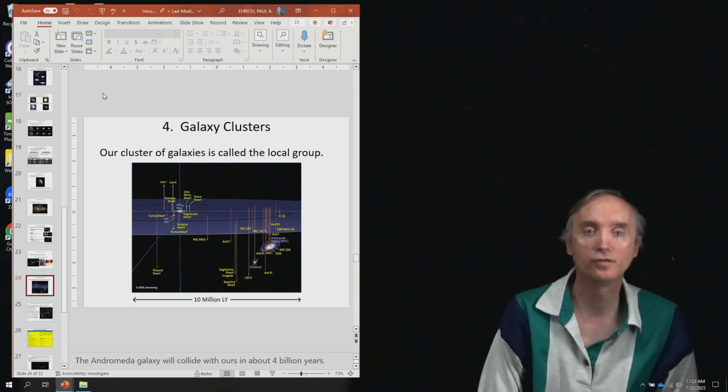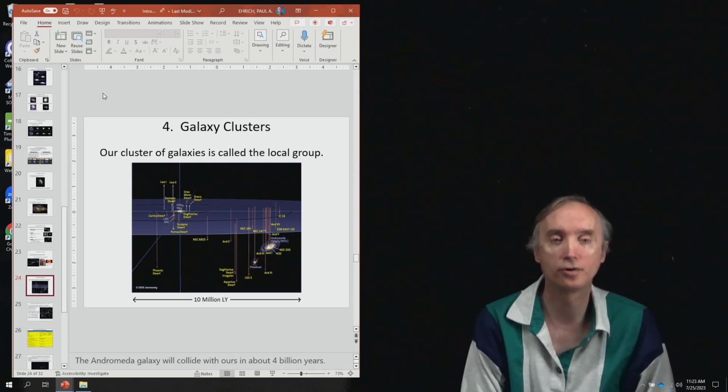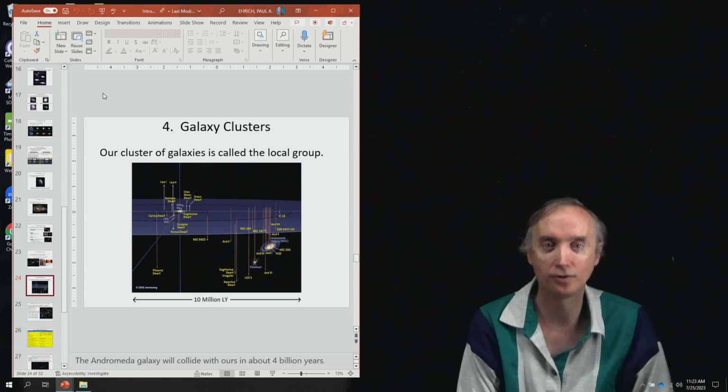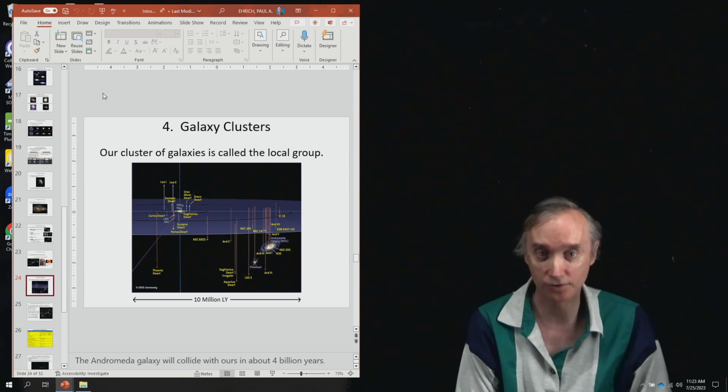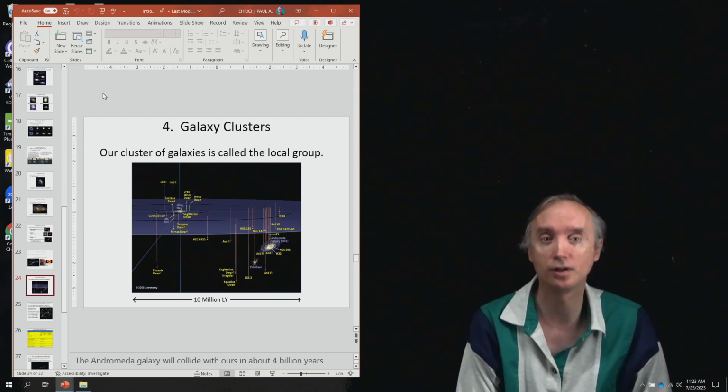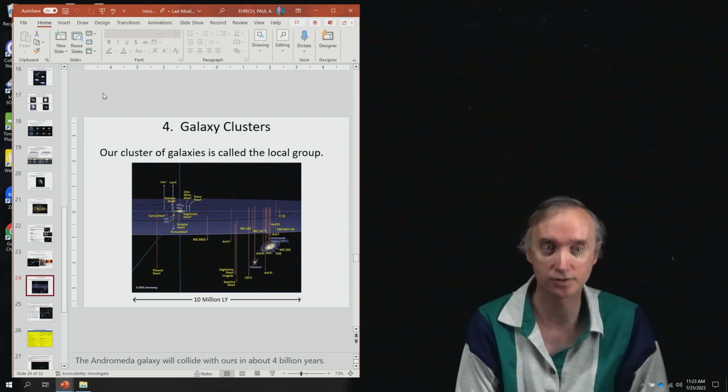Okay, so let's finish up this review for the Unit 4 lecture exam for this lesson on the structure of the universe by talking about even larger structures. So galaxies are grouped into clusters of galaxies.